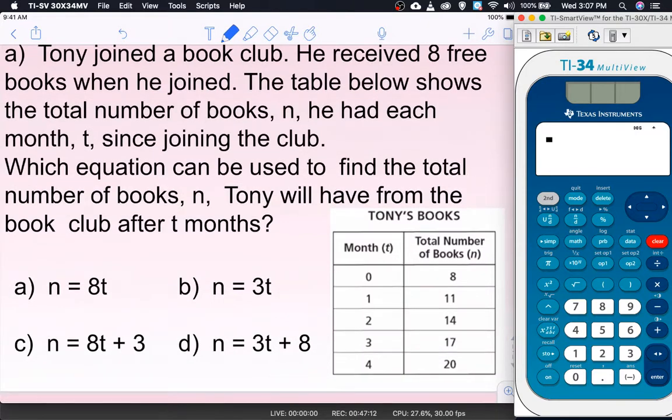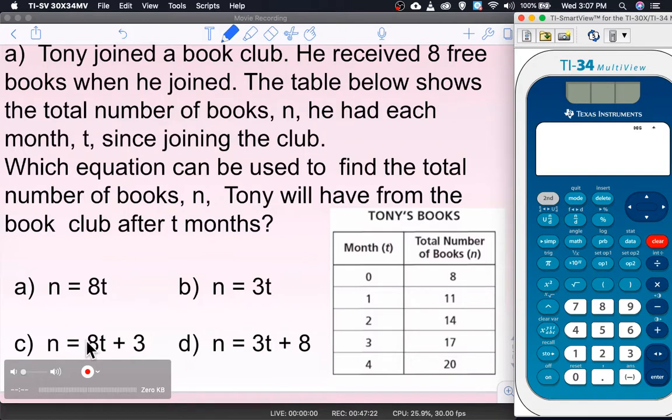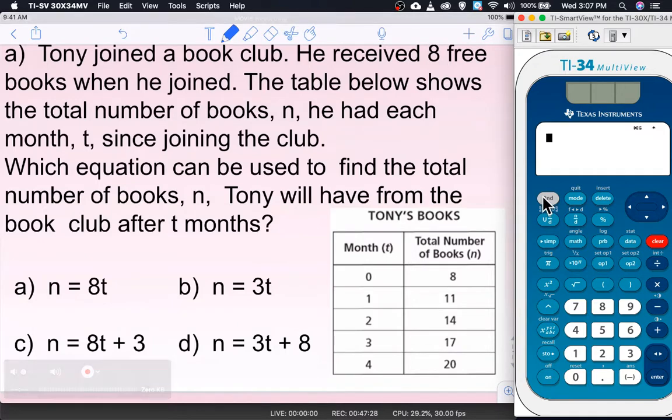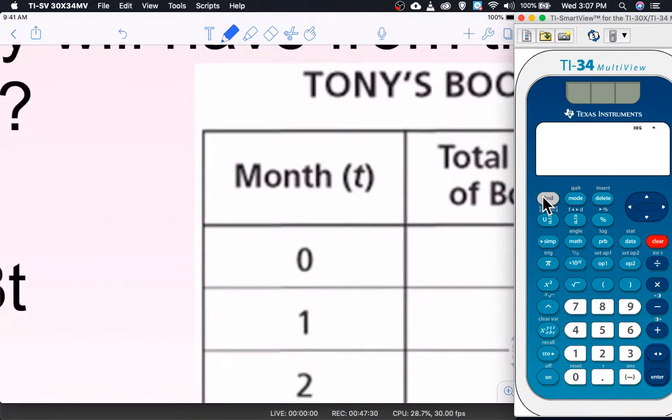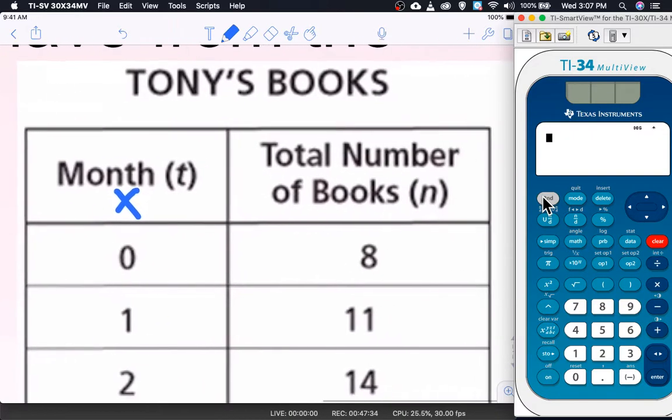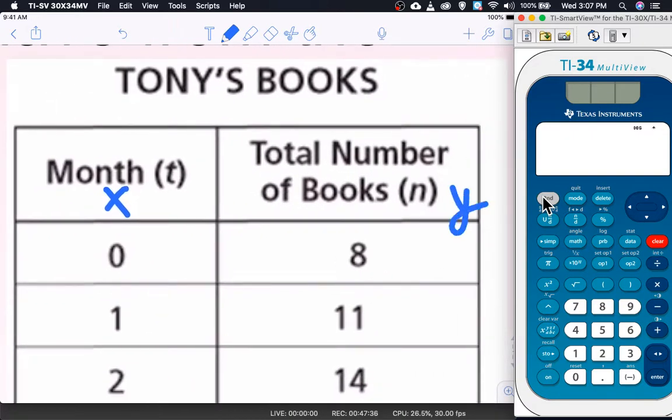Okay, I remember finding questions like this very confusing as a kid because of the different letters, N's and T's. But really what it's coming down to is we want to know which of these 4 equations match this table. And they're swapping out this t, which would normally be our x variable. The first variable in a table is always the x variable, and the second one is always the y variable.